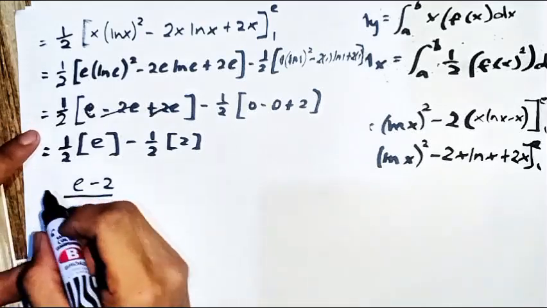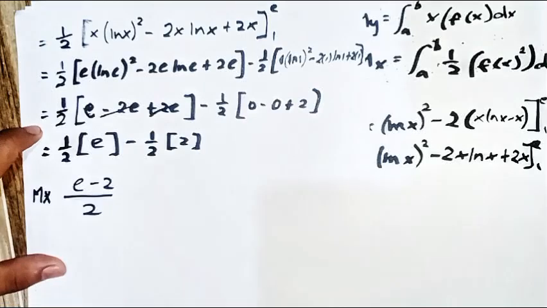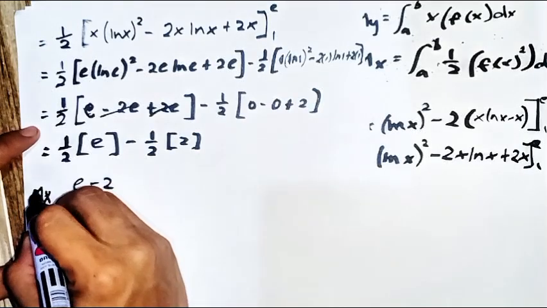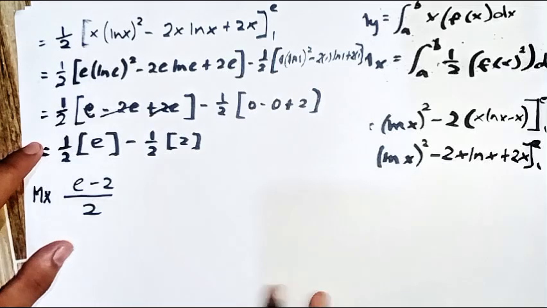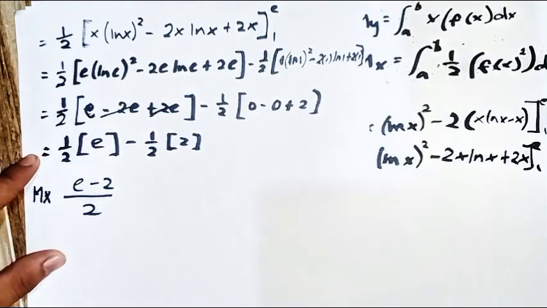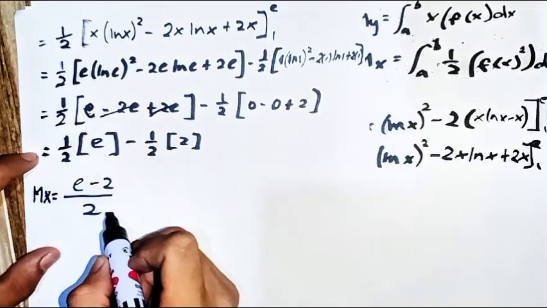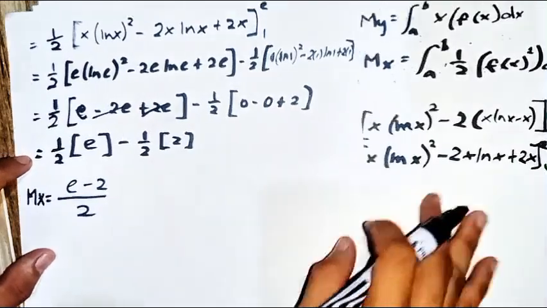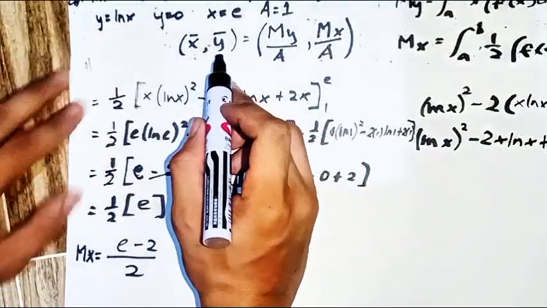This is now our moment about the x axis, so this is our Mx. Since we already have the moment of x, which is equivalent to (e minus 2) over 2, now we can solve for the mean of y.